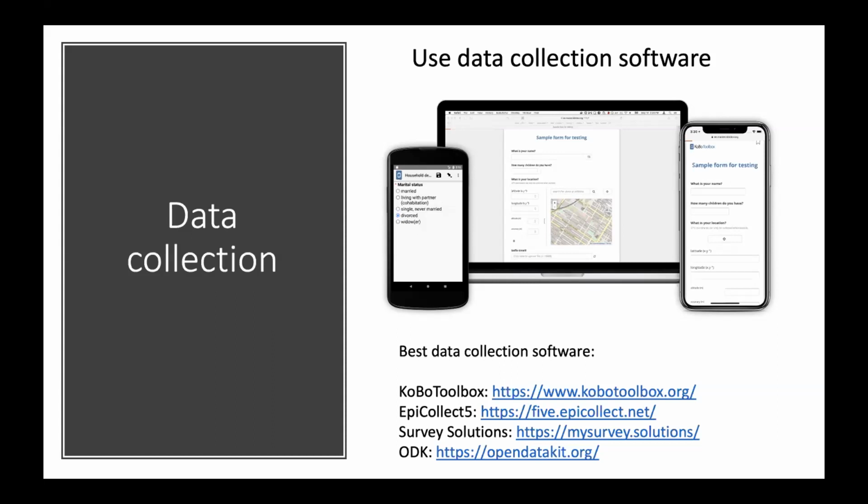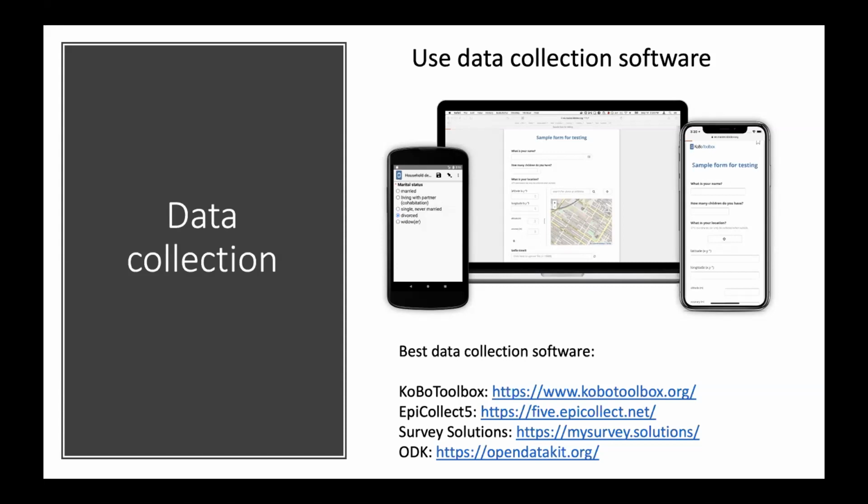I've put together a curated list of four, I think some of the best data collection software packages out there. These four are all free, and that's a huge plus. There's really no need to pay for data collection software anymore because the free options are so good.